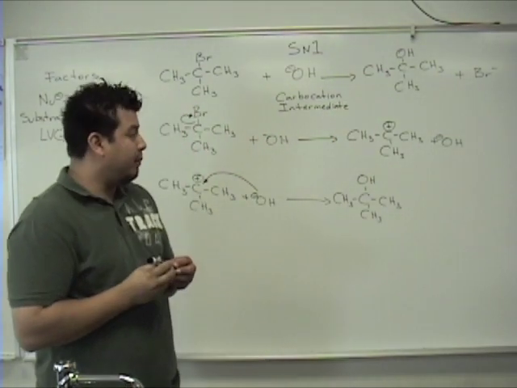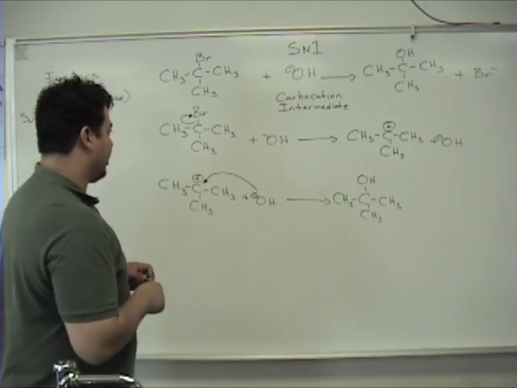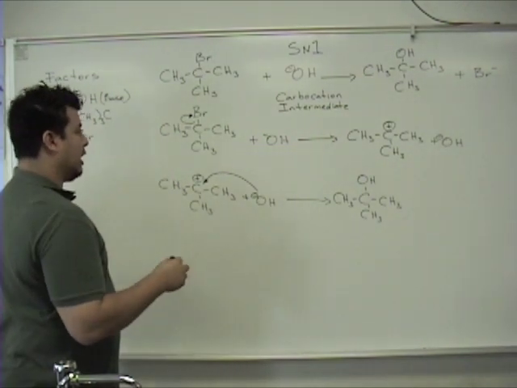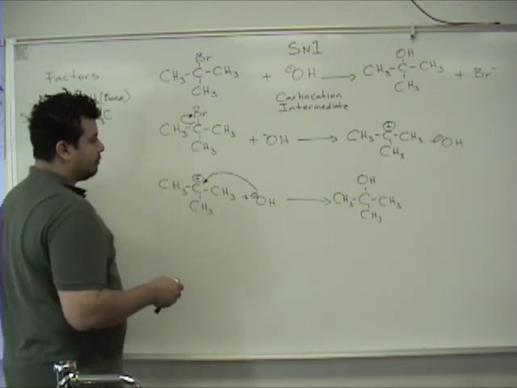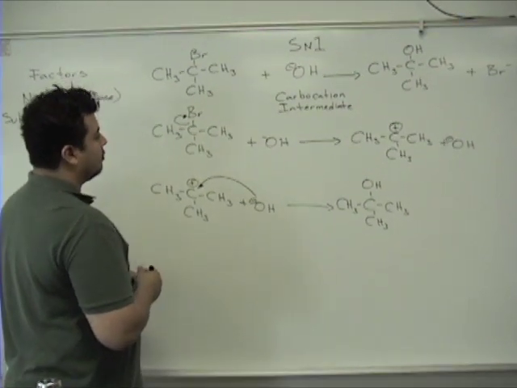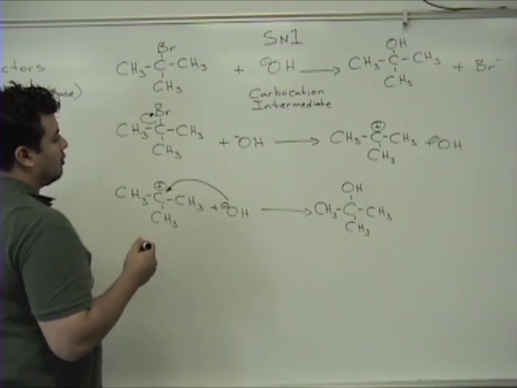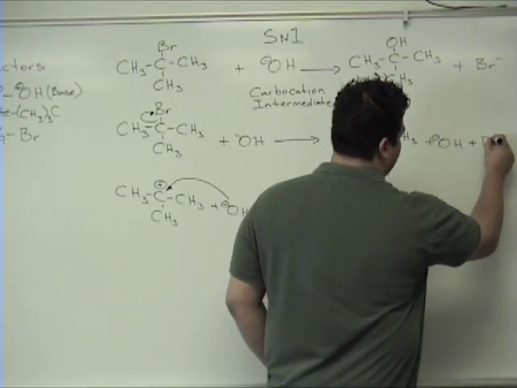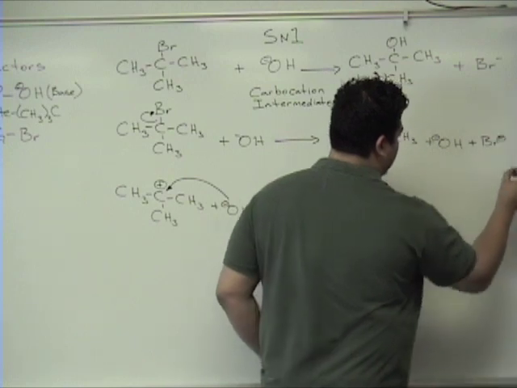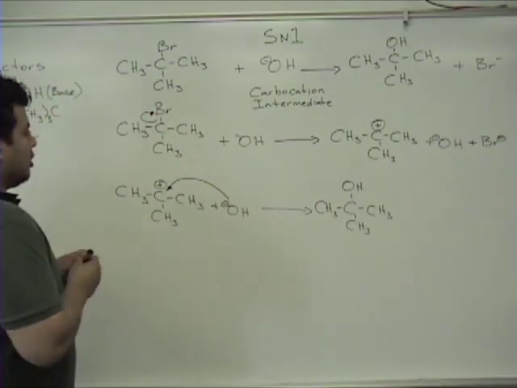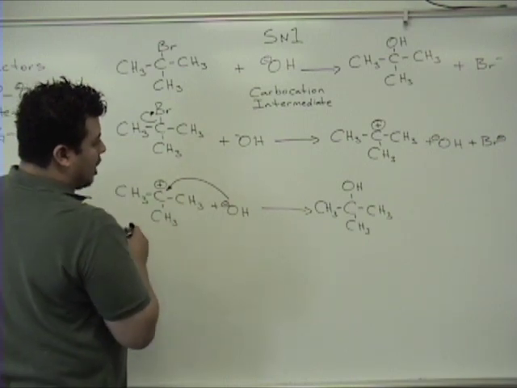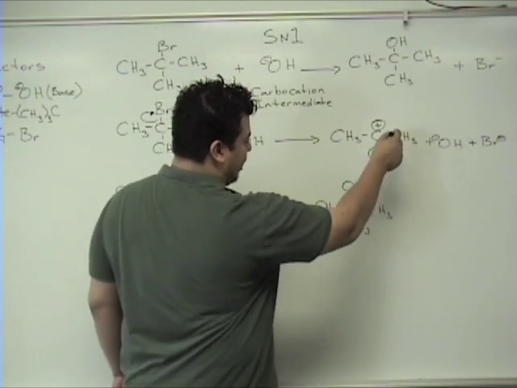That will have a lot of implications, but we'll get there. So, this one leaves, meaning it takes the electrons from the bond, and you will get it here, plus Br minus. So this one leaves, and then you form a carbocation right here.